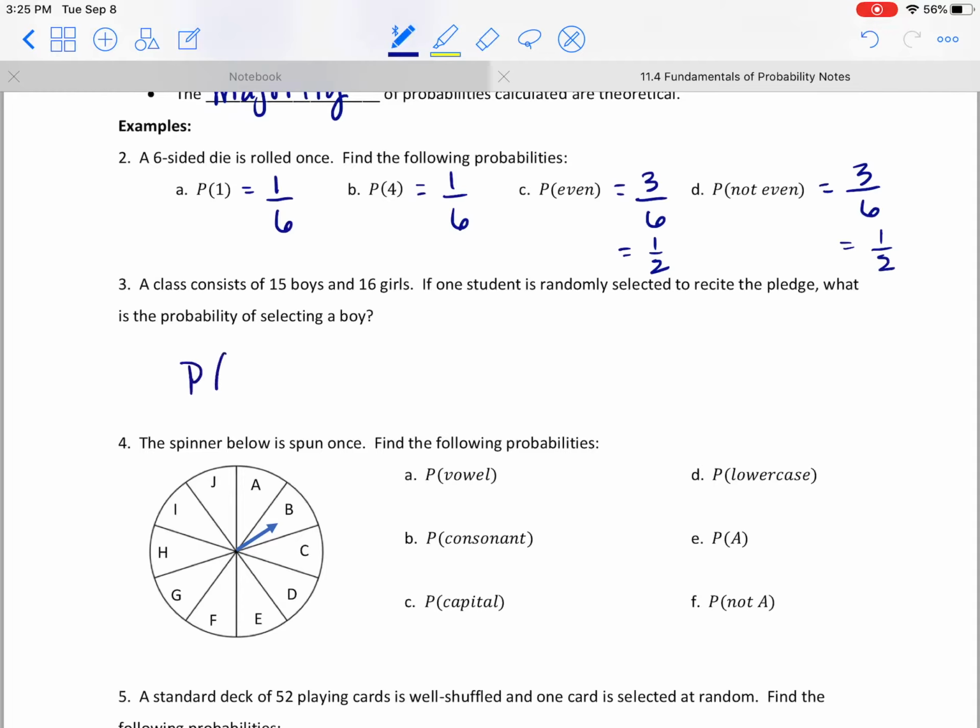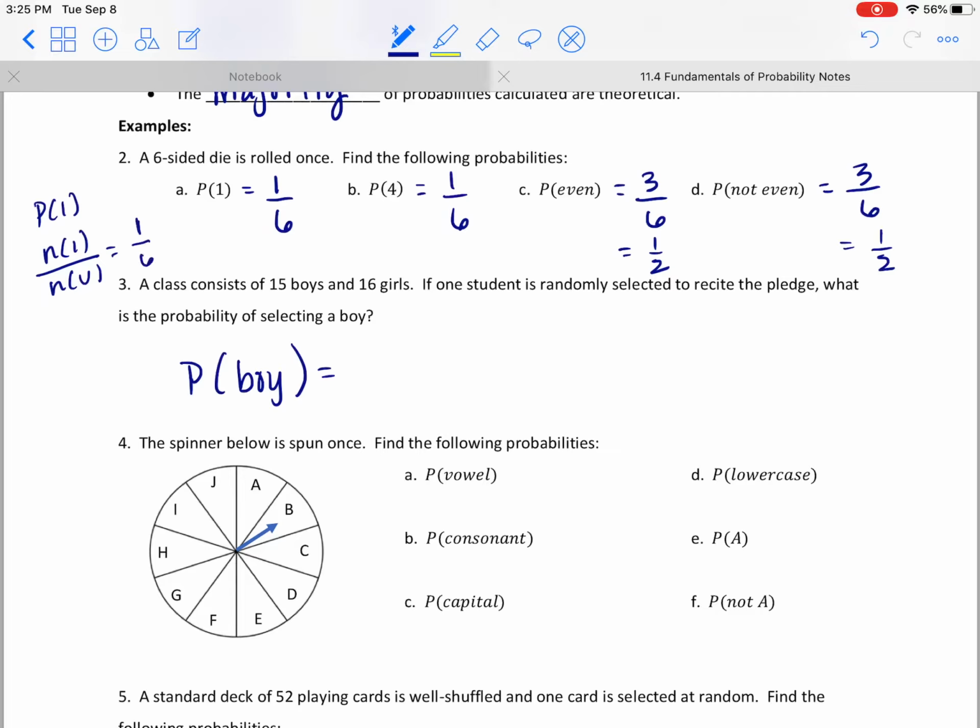So we would say the probability of selecting a boy is, remember, it's how many, I should have said this up here. When we're looking for the probability of choosing a 1, it's how many 1s are there? What's the number of 1s? And then what's the number of options total in the universal set?